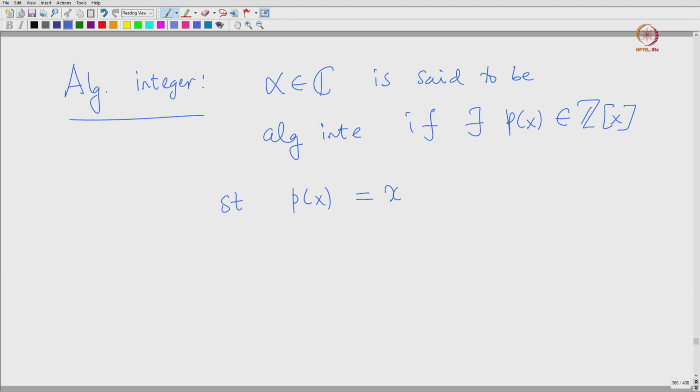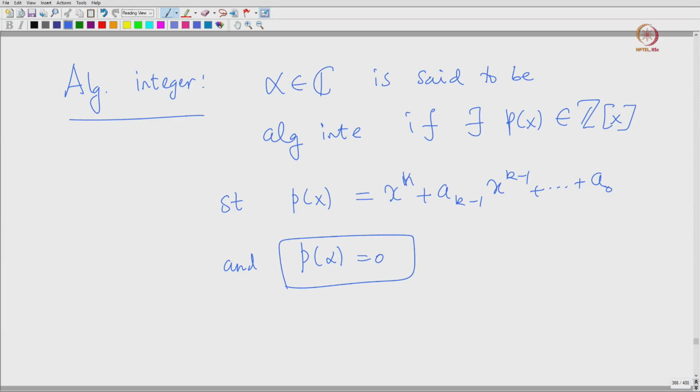That means you can write it as x^k plus a_{k-1} x^{k-1} plus etcetera plus a_0, and we want alpha to be a root of this polynomial, p of alpha equal to 0. Basically, if there exists a monic polynomial with integral coefficients such that p of alpha equals 0, then we say alpha is an algebraic integer.